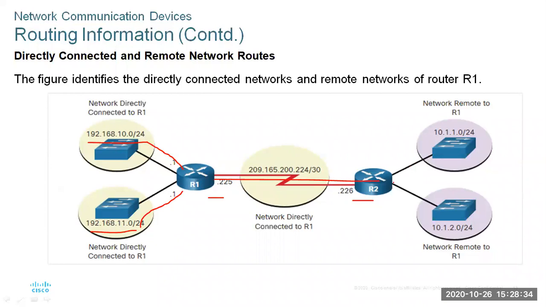Okay, this router 2 is having two networks too. Can you see? Now this network is directly connected to router 1, but it is remote to who? To router 2, because router 2 is not directly connected to this network nor this network. It is just directly connected to router 1.